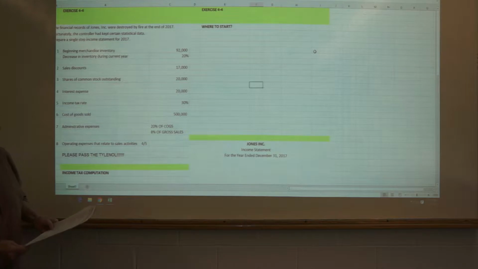Okay, so with this problem, where do you start? You're given that the records were destroyed by fire at the end of the year. The controller had kept statistical data, and we're supposed to prepare a single-step statement.